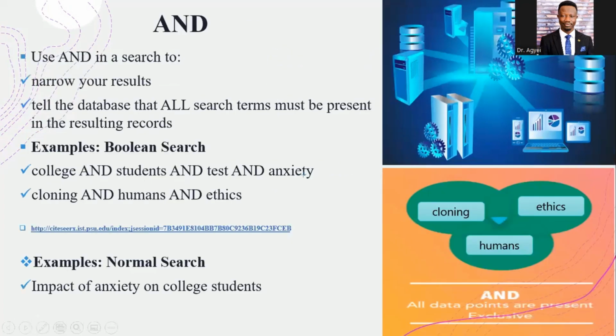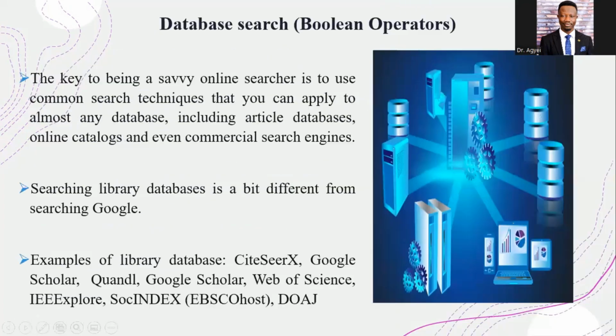When you talk about Boolean operators, we want to limit our search in such a way that within the shortest possible time, we'll be able to get a lot from our search activities. So we need to use these operators, connecting them to certain words that we have identified, and it will help us.